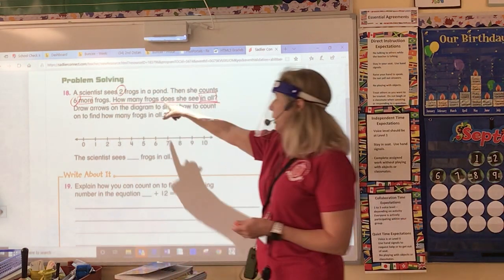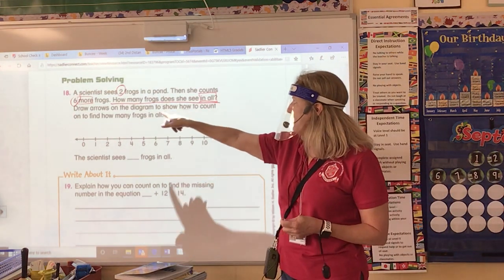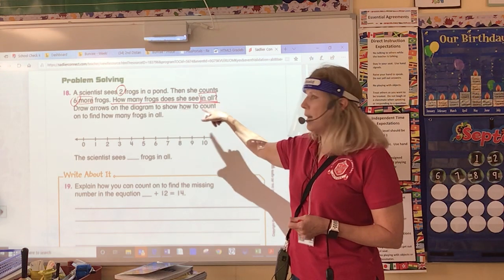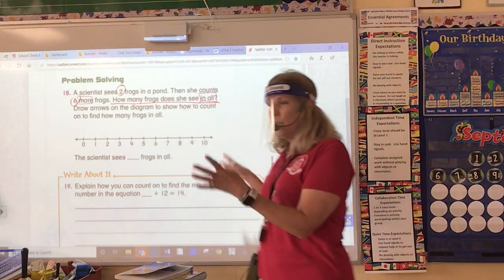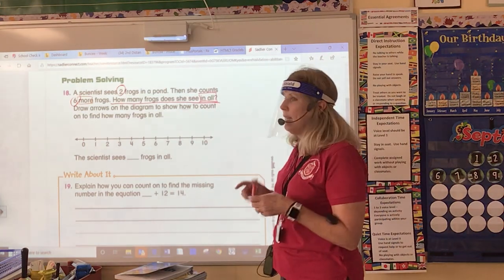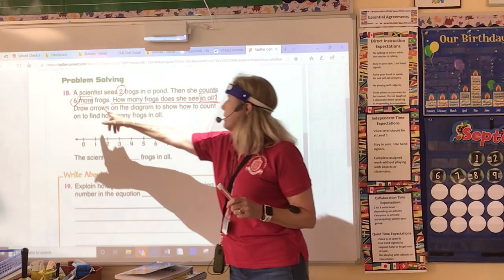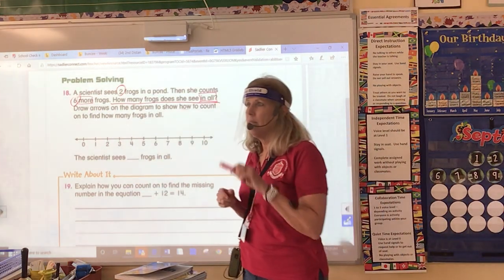Okay, so we circled our key numbers. We underlined how many frogs does she see in all. We boxed our key action words, and now we're going to evaluate. We'll look at everything that we just did, and then we're going to solve. Now, why did we box more? What is that telling us? Who can tell me what that's telling us? Juju.